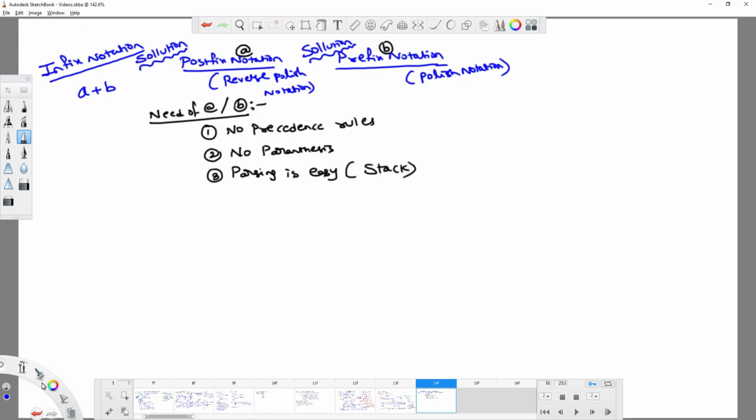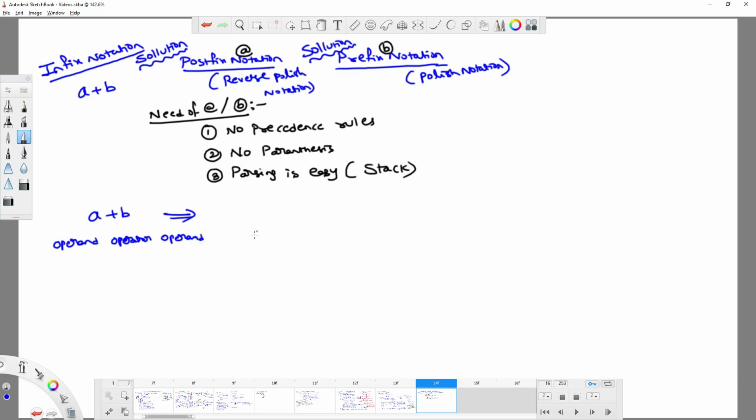Before that, let me give the infix form and the postfix form for A + B. If I say A + B is the infix notation, what is the postfix notation? Observe: the syntax in infix notation is generally operand, operator and operand.